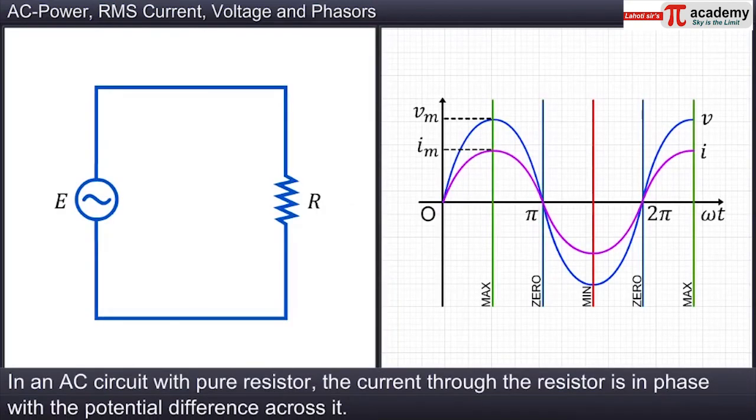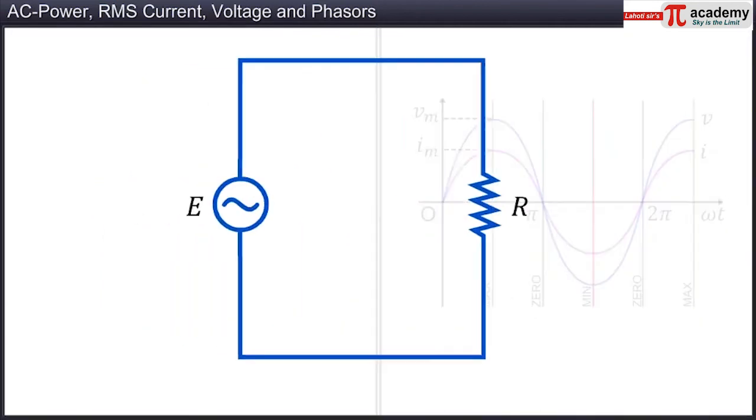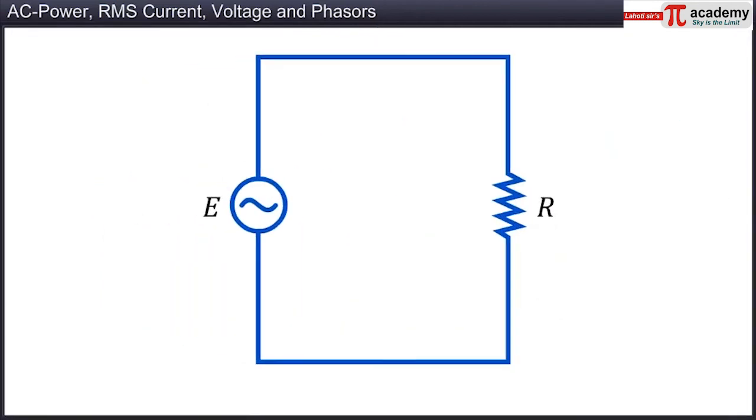In our study of AC current applied to a resistor, we found that the voltage and current through a resistor are in phase, which is not always true. That voltage and current through a resistor are in phase was based on an assumption that there are only resistors in the circuit.